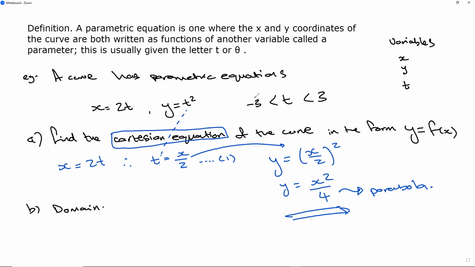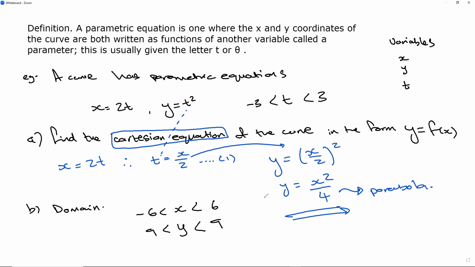If I substitute negative 3 in there, it'll become negative 6. So x will be greater than negative 6. If 3 goes in there, it'll become 6. x will be less than 6. And then negative 3 goes in here, it becomes 9. y is greater than 9.